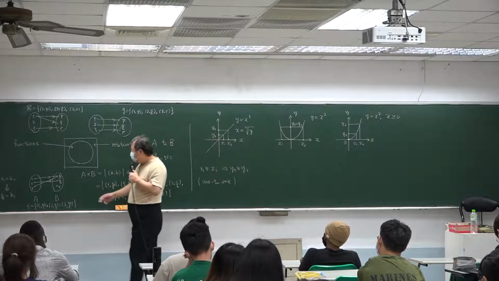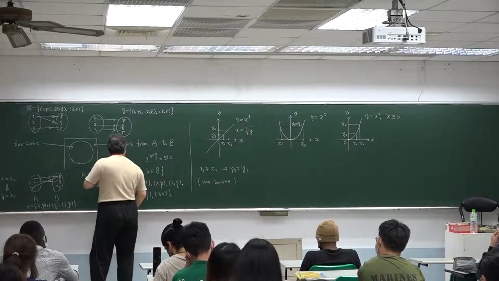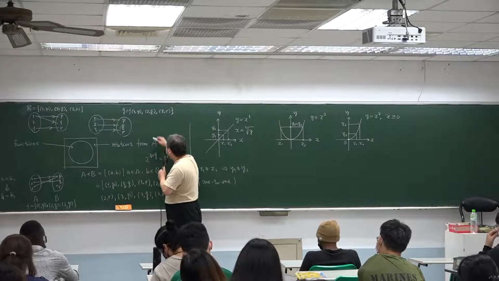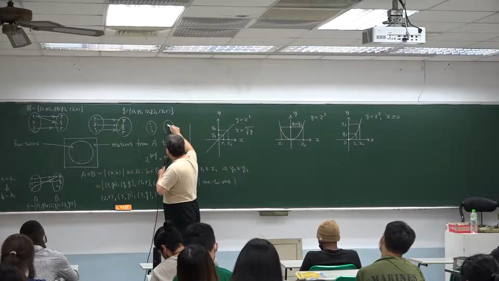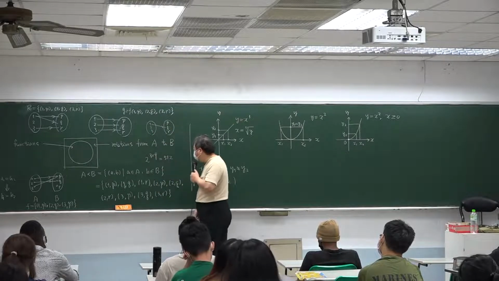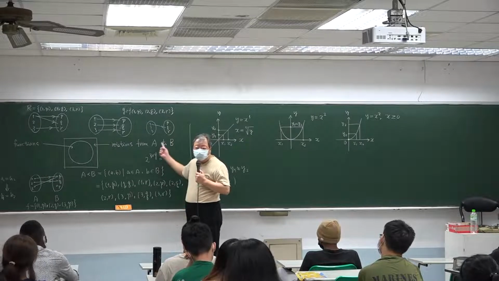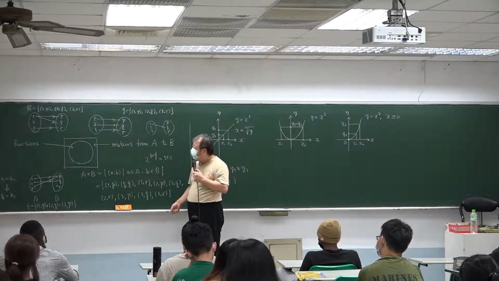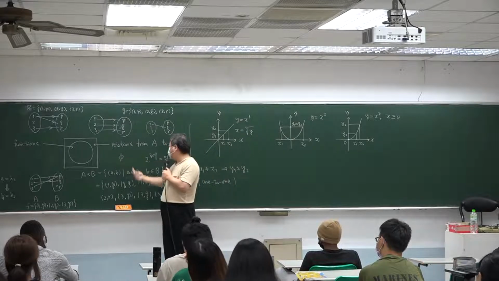This is only just one of them. In fact, maybe here, only one. This is also a relation from A to B. Okay. If no lines, then we say the empty relation is also a relation.